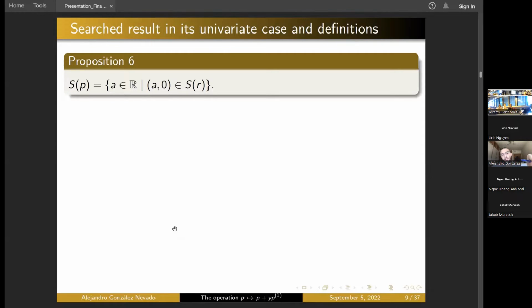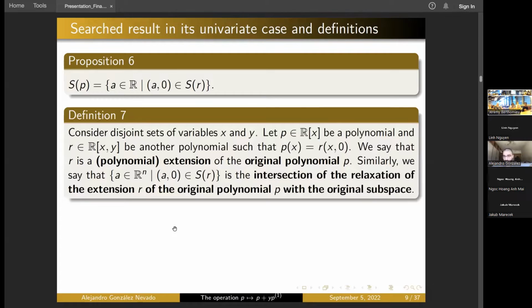So in one variable, when P only has one variable, the set defined by the relaxation coincides with the restriction to the first coordinate of the set defined by the image by the operation that we are studying. That means that it doesn't change at all the relaxation.